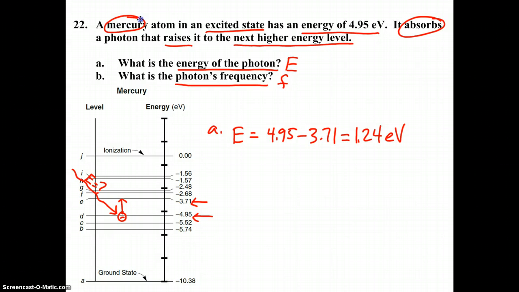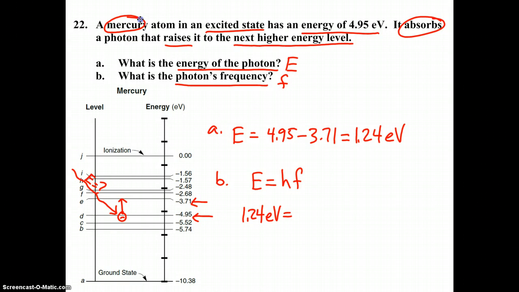In B, they want to know what is the frequency of that photon. Well, what equation relates energy and frequency? That, of course, is E equals hf. Our energy of our photon is 1.24 electron volts.